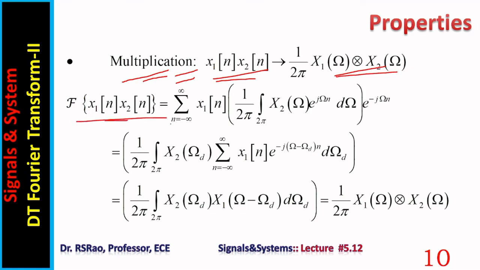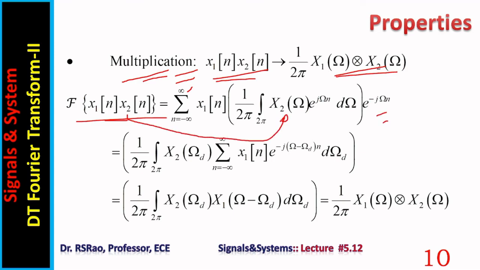It is equal to sigma n equal to minus infinity to infinity x1 of n, 1 by 2 pi integration over a range of 2 pi X2 of omega e power j omega n d omega, e power minus j omega n.